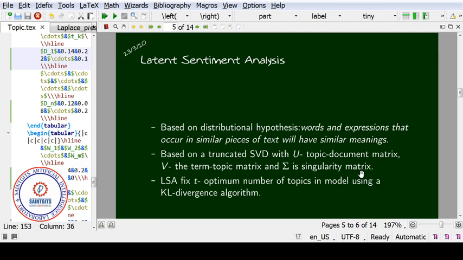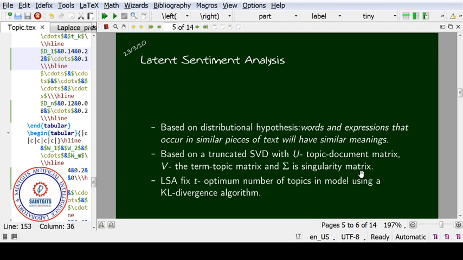In addition to that, LSA fixes T. T means the number of topics. The optimum number of topics in the model is fixed using a KL divergence algorithm. The Kullback-Leibler divergence algorithm is used to fix this T, the optimum number of topics. If the number of topics increases, then automatically the weights will be scattered around different classes, and sometimes the meaning will not be conveyed.